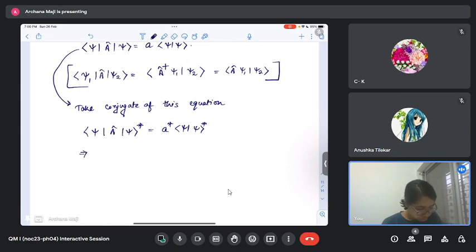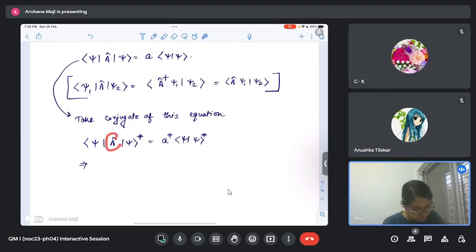So this would mean, okay, since A is Hermitian, we can write it this way.